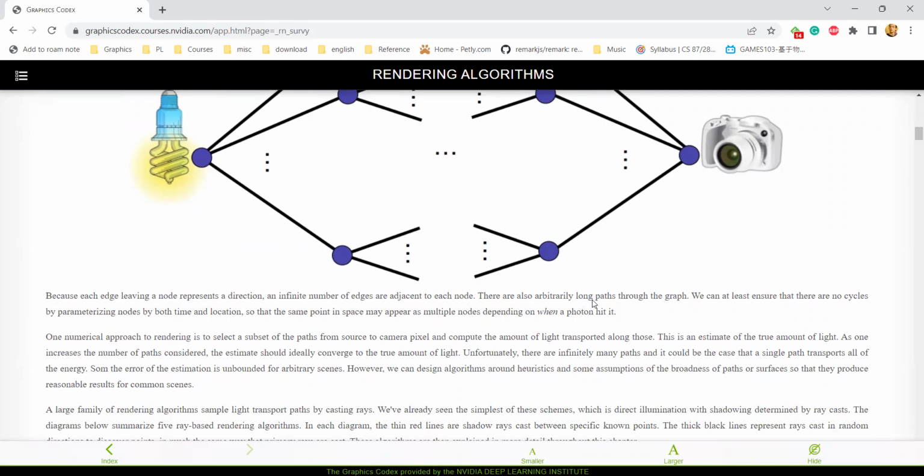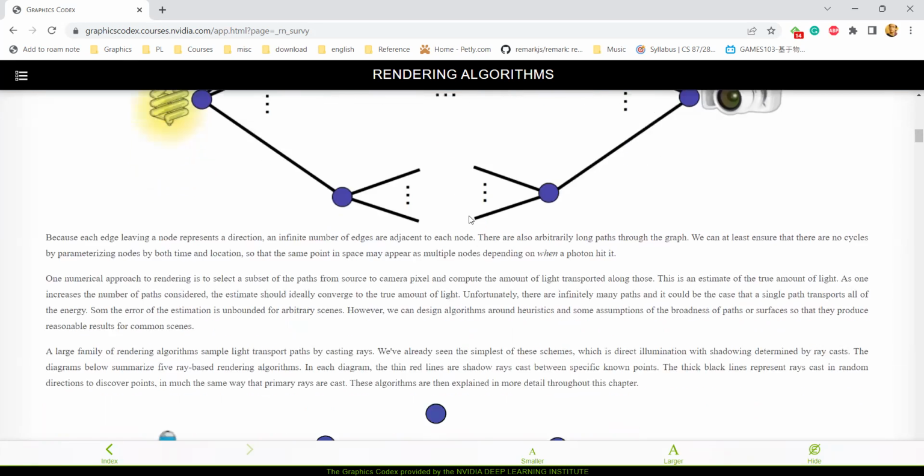There are also arbitrarily long paths through the graph. We can at least ensure that there are no cycles by parameterizing nodes by both time and location, so that the same point in space may appear as multiple nodes depending on when the photon hit it. Yeah, that makes sense.